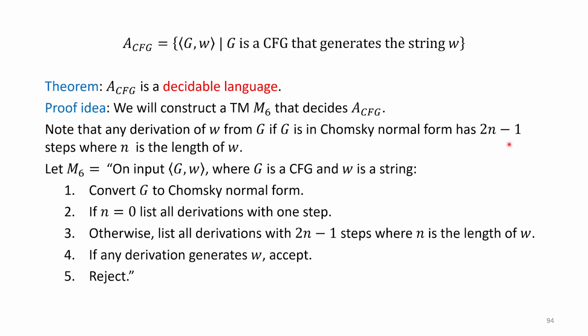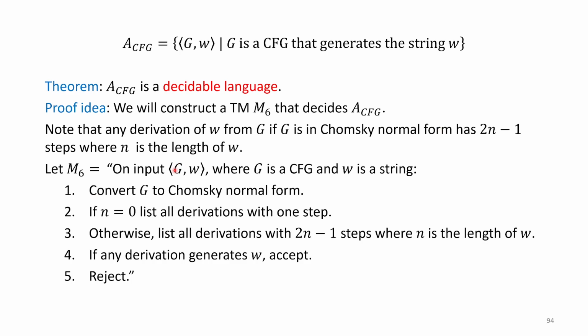Okay, so what that means is, in this normal form, we know that derivations of strings have a specific length, which means we can track down that particular derivation by just looking for all derivations of that length. And that's what we're going to be doing. So first thing we're going to do, we've got our input grammar.